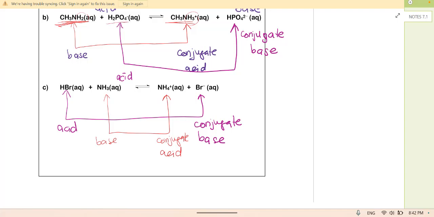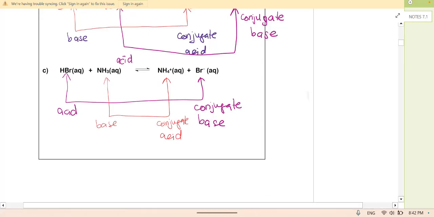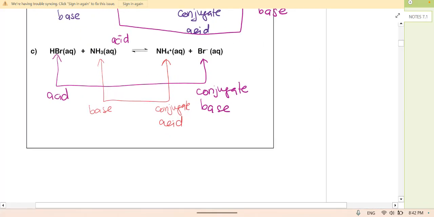This ion donates H+, from 2H it becomes only 1H, so this is an acid, and the pair is the conjugate base. Same goes for this one. HBr is donating a proton while NH3 is accepting the proton. So this is the base and the pair is the conjugate acid, with Br- remaining from HBr.